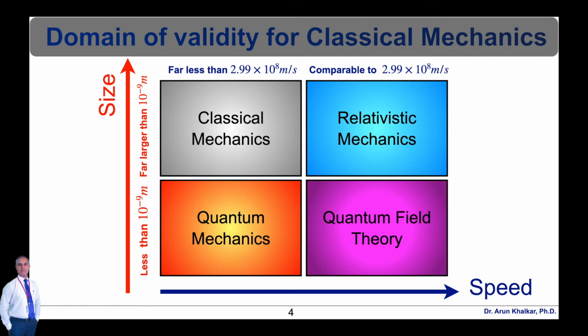In that case, general relativity becomes applicable. However, until now, there is no theory of quantum gravity unifying general relativity and quantum field theory in the sense that it could be used when objects become extremely small and heavy. So that's why these domains of validity are very important.